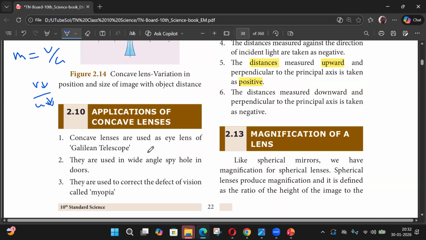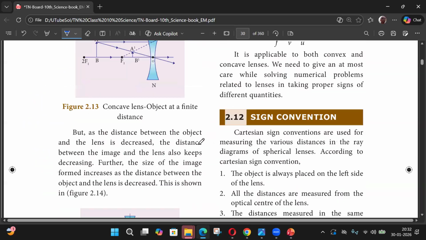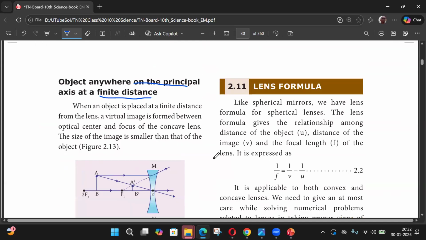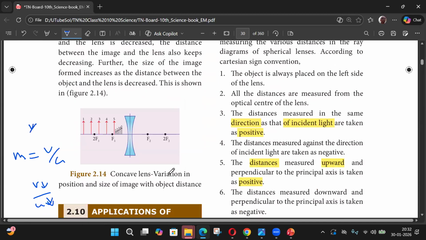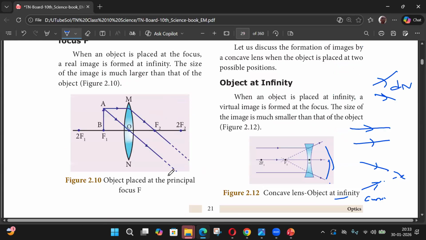Concave lens. In this case, there are only two cases. One is within the focal point, which they have not discussed. One is at infinity.